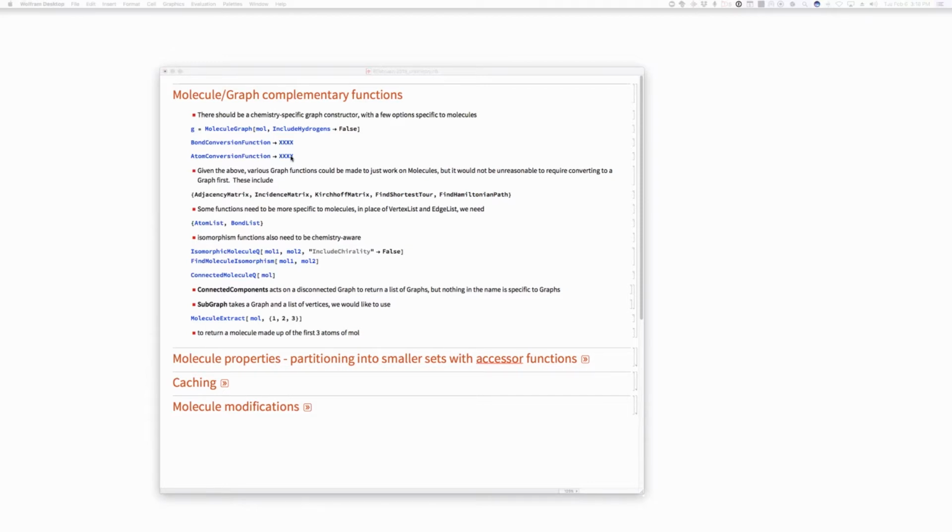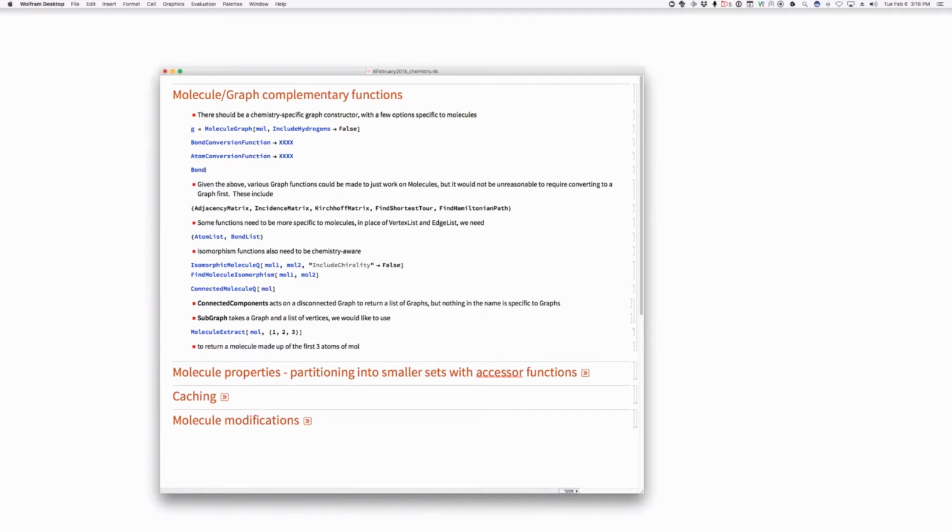The way I have it now, you can say SingleBond, DoubleBond, AromaticBond, just for convenience. But then the canonicalized form is Bond[{1, 2}, "Aromatic"], Bond[{1, 2}, "Single"]. Right. Okay. Fine.